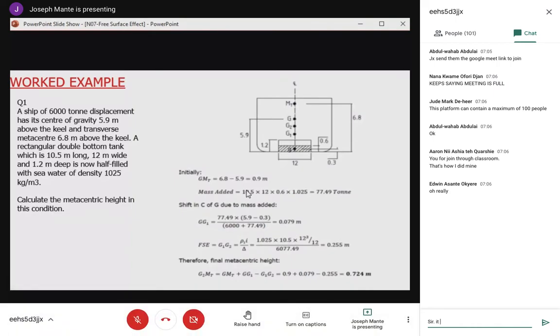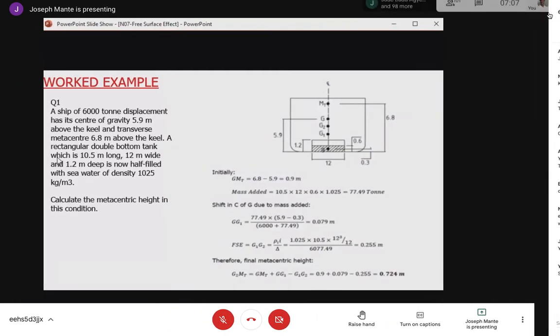So let's solve this question. A ship of 6,000 ton displacement has its center of gravity 5.9 meters above the keel and the transverse metacenter 6.8 meters above the keel.